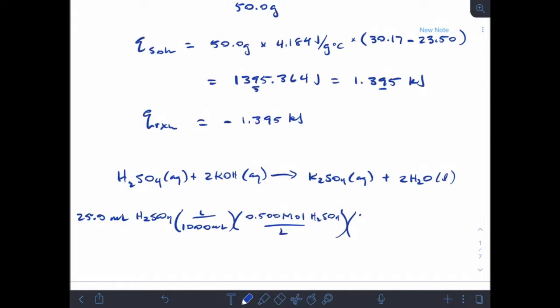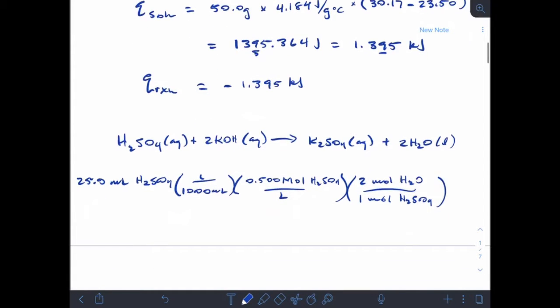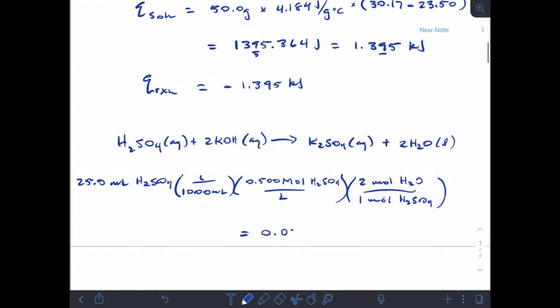And then our mole ratio with water is 2 moles of H2O for every 1 mole of H2SO4. And we'll find that the sulfuric acid gives us a maximum of 0.025 moles of water.